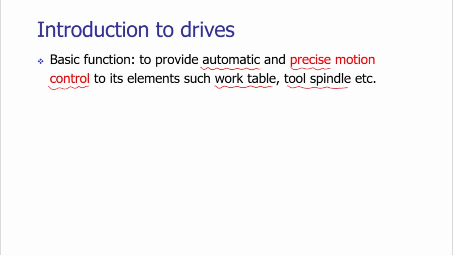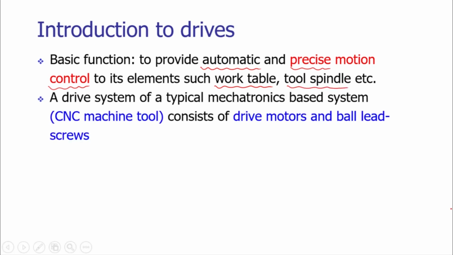and many other elements. If we take an example, say a CNC machine tool, which we consider as the best example of a mechatronics based system in the automation industry. The CNC machine tool system has various drive motors, and these motors are driving the lead screws.